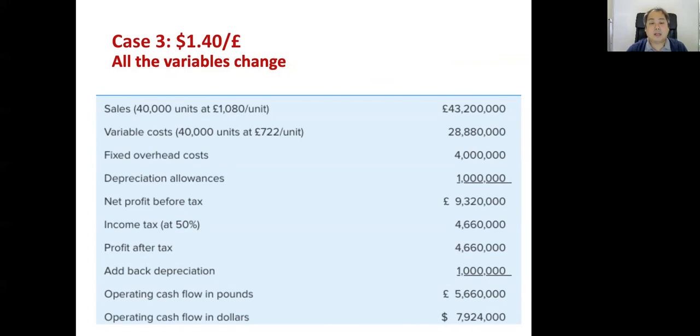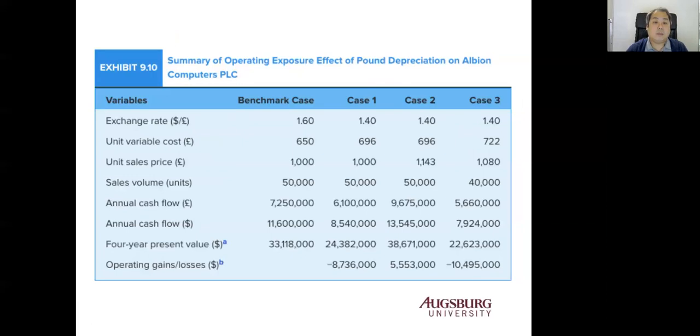So this is case analysis, like scenario analysis again. There are 3 cases you can see. The benchmark case is 160, now depreciated to 140, then cases 1 to 3. Case 1 only changed the cost. Case 2 changes the price and cost. And case 3 changed everything. Eventually, you have some losses, right?